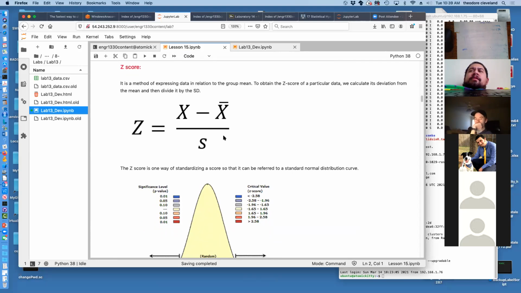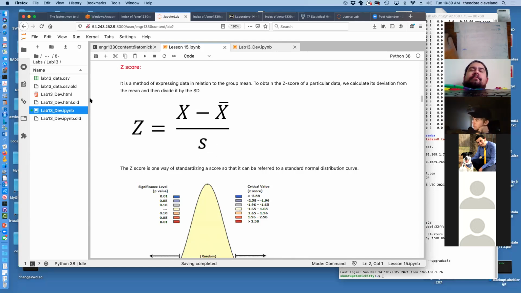To obtain a z-score of a particular observation, we calculate its distance from the mean and divide that by the standard deviation. So in this particular formula, for the time being, think of x bar as the population mean value, and S is the population standard deviation.